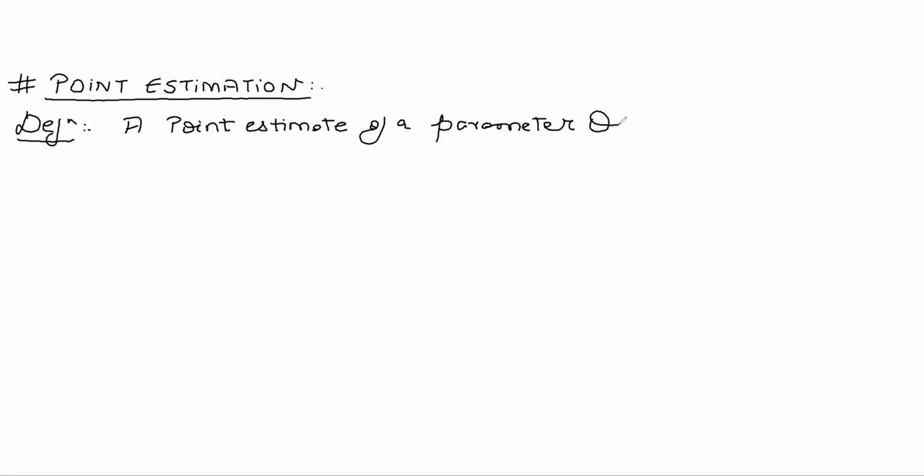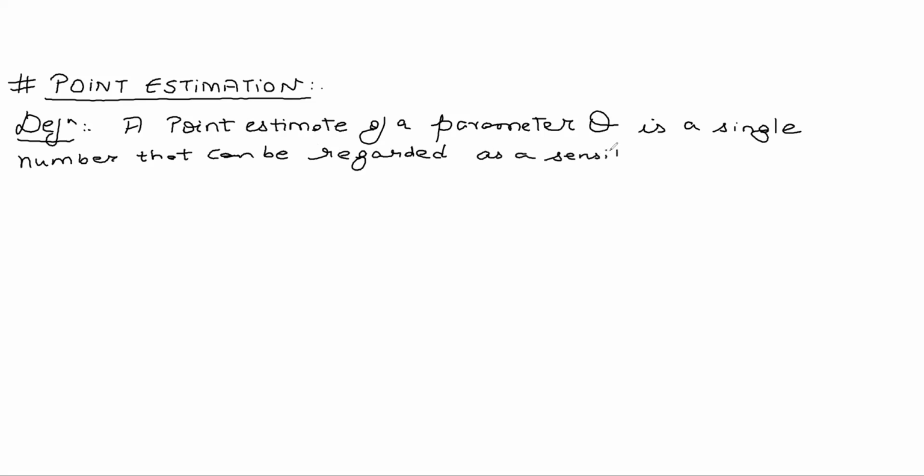So a point estimate of a parameter theta is a single number that can be regarded as a sensible value for theta. When we talk about a point estimate of a population parameter theta, it is a single number that can be regarded as a sensible value for theta.